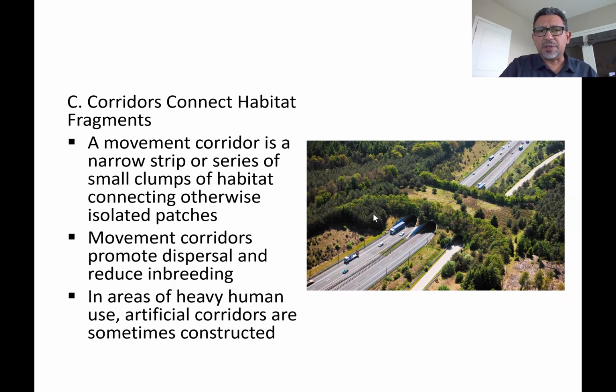Corridors are sometimes going to be necessary to connect islands. In this case, imagine this side of the highway as an island and this other side of the highway as an island of habitat. But the ocean in between, which is the highway, will be one that many species that move on land will never be able to cross because obviously they will become roadkill.